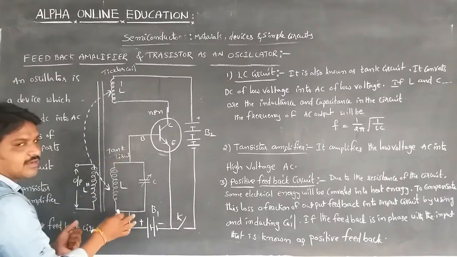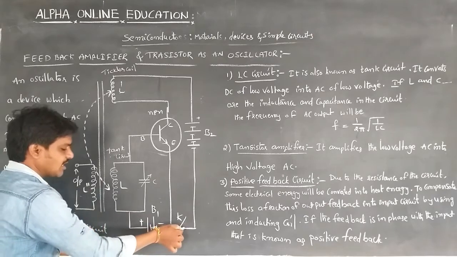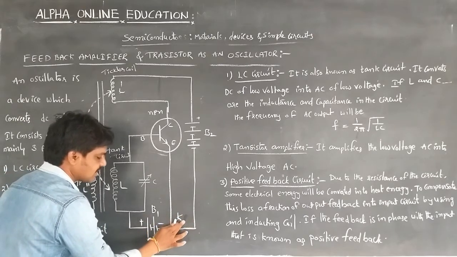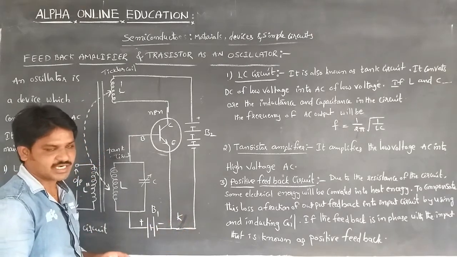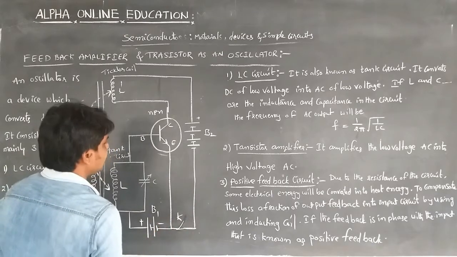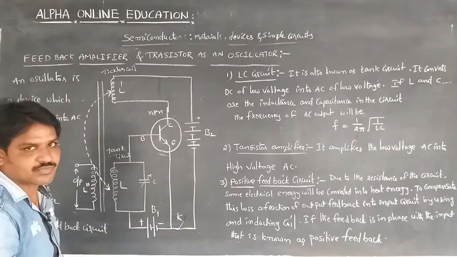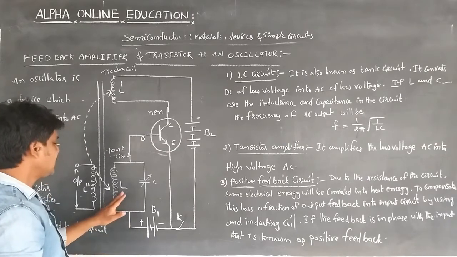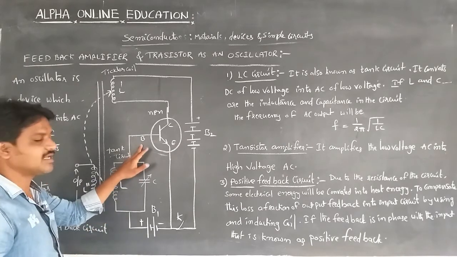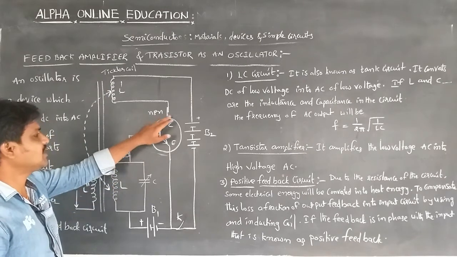Whenever the key in the circuit is switched on, the collector current passes through the circuit, so the base current increases as well as the collector current.